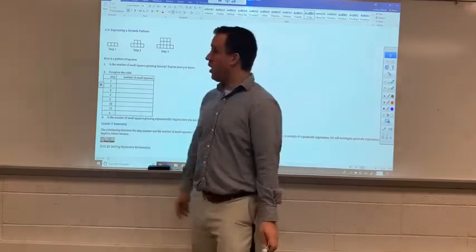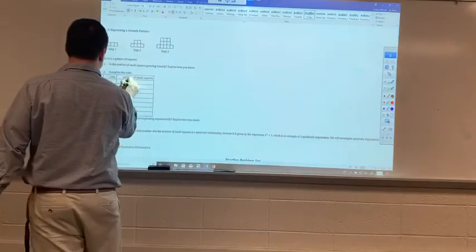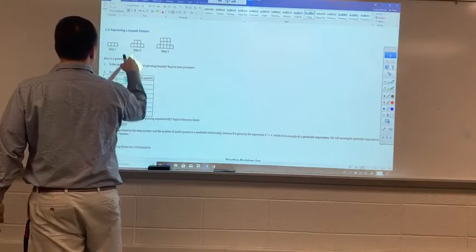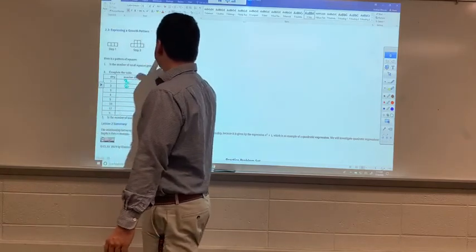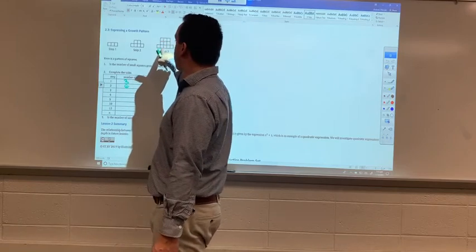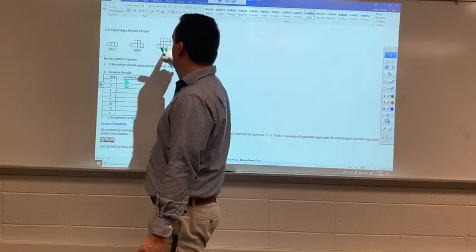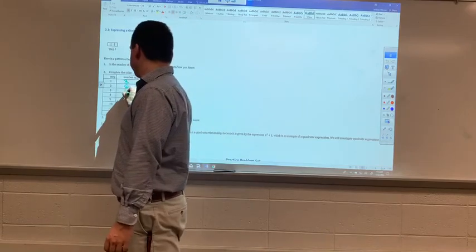So in step 1, I notice there's 3 squares. In step 2, there's 6. In step 3, if I count them, I notice in the middle there's a 3 by 3 square, which is 9, and then 2 on the ends, which adds 2 to the 9 and makes 11.